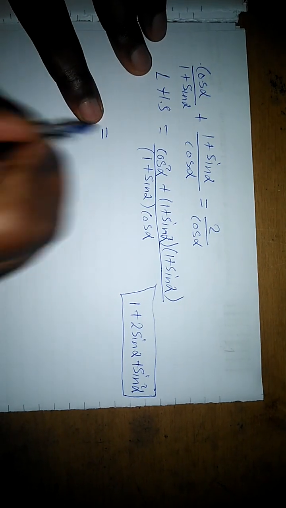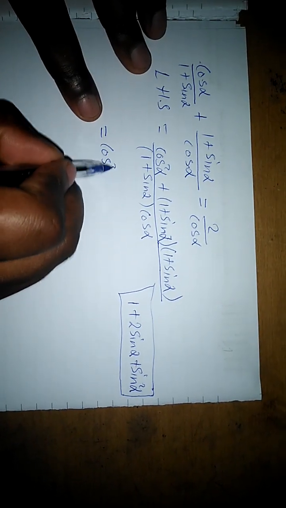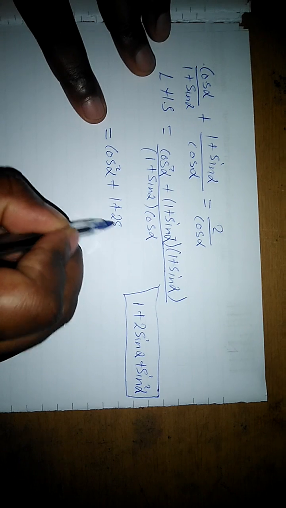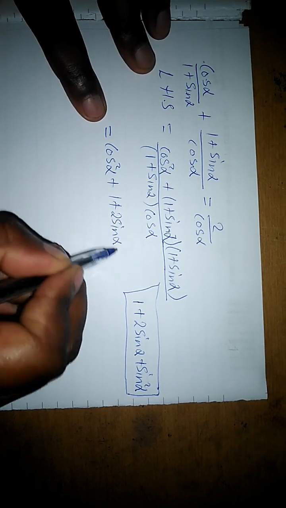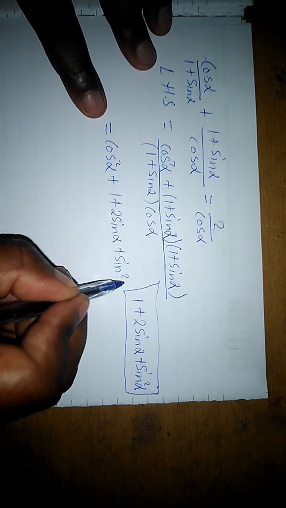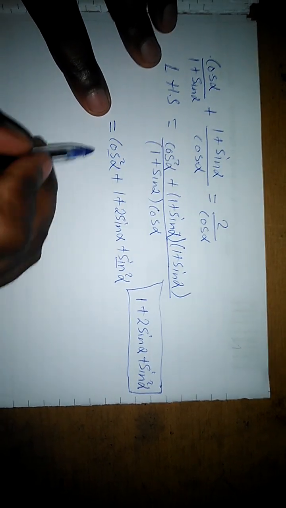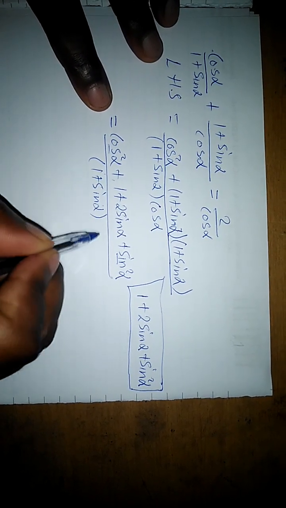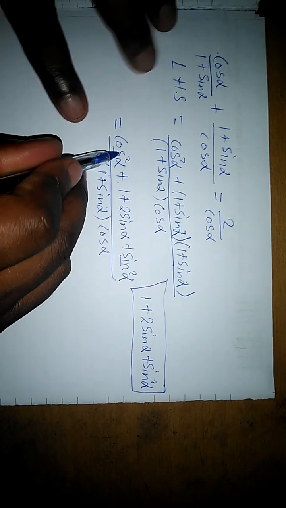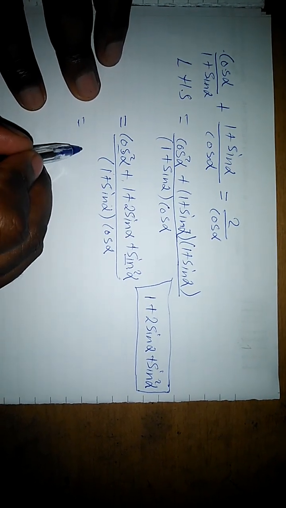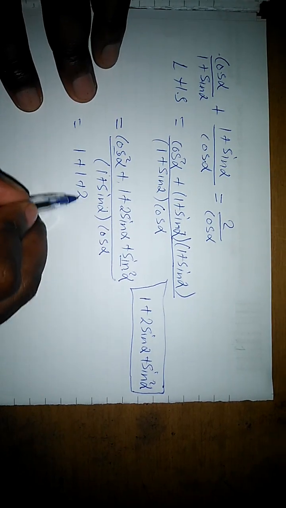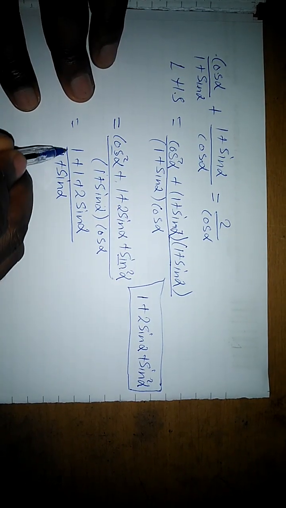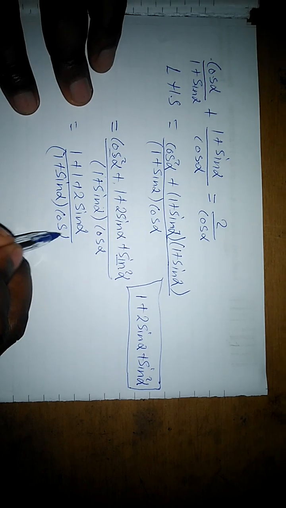So this should be equal to cos squared alpha plus 1 plus 2 sine alpha plus sine squared alpha. This and this give us 1, remember? So we have 1 plus sine alpha into cos alpha. This and this gives us 1. So that means I have 1 plus 1 plus 2 sine of alpha all over 1 plus sine of alpha cos of alpha, remember?